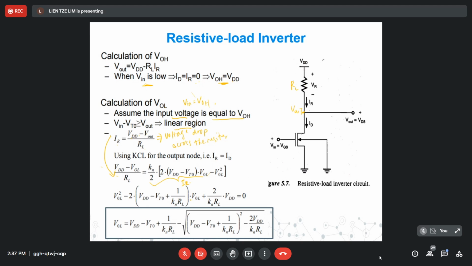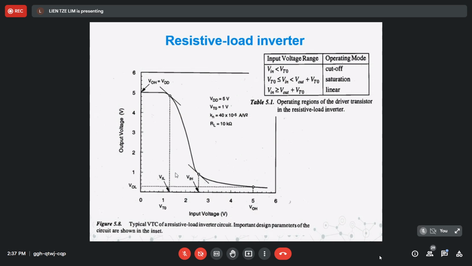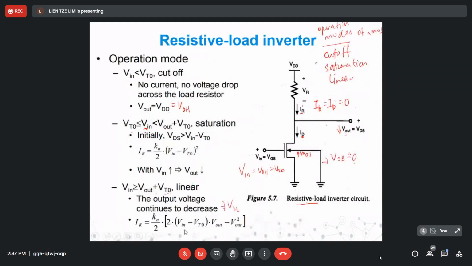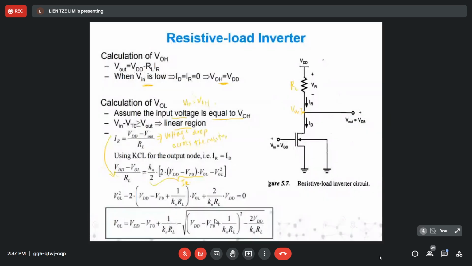This one is the linear region. How do we know? I showed you in the previous slide. If you refer to this slide, it follows this formula. So these two formulas can be used to further derive the VOL. So this is the formula.